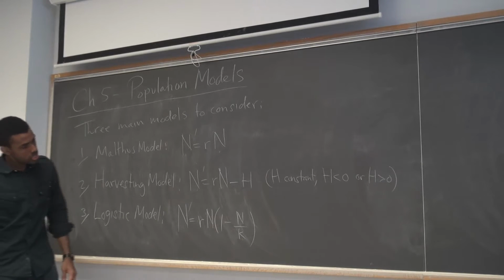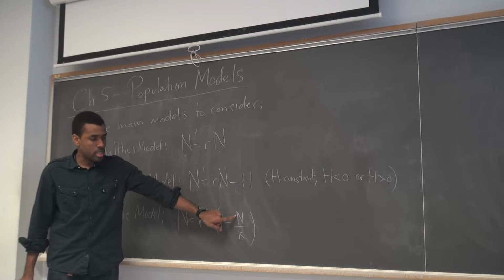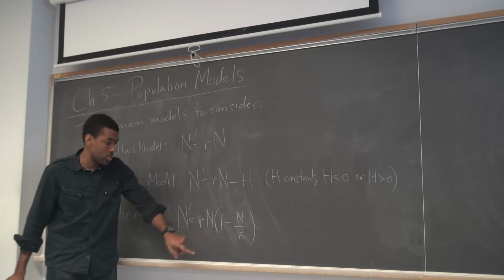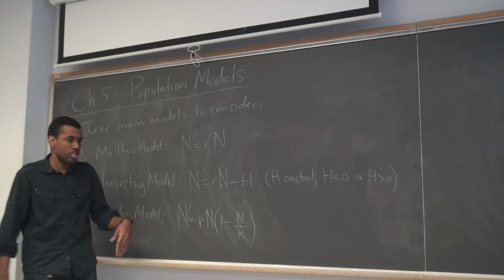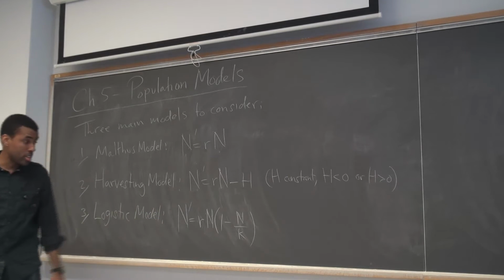And you will notice as N gets larger, you have 1 minus this guy, so you have 1 minus something that keeps getting bigger, so this is getting smaller. So this is telling you, as your population is growing, the growth rate is actually getting smaller, because the more people there are, the less resources there are. And so this model is trying to capture that, right?